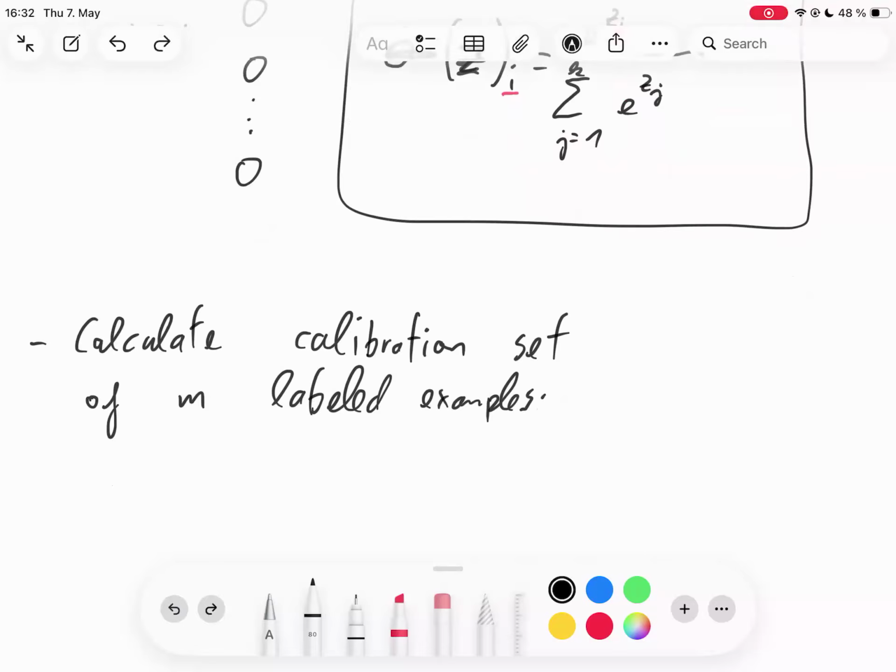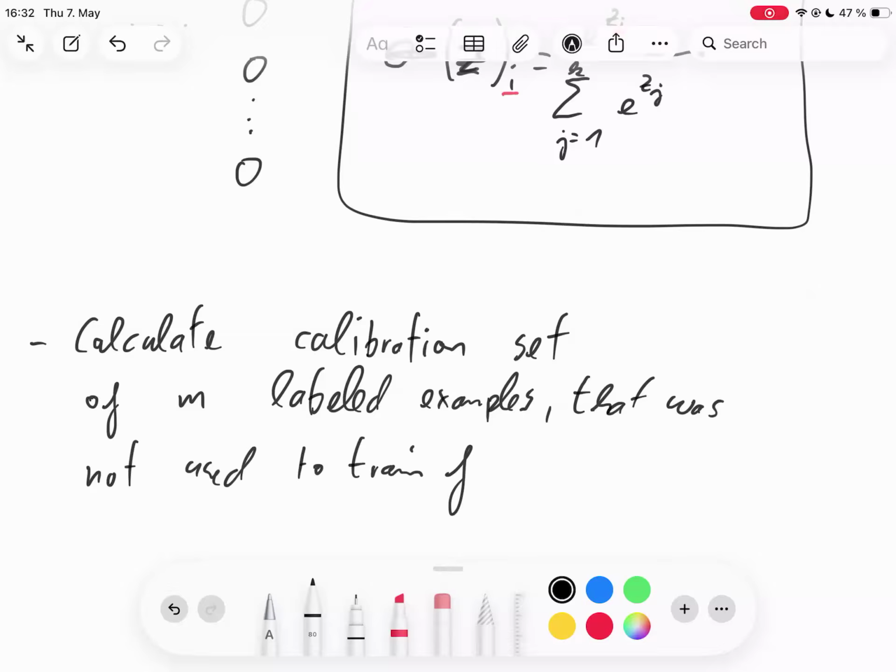So we calculate the calibration set of M labeled examples that was not used to train our model F.